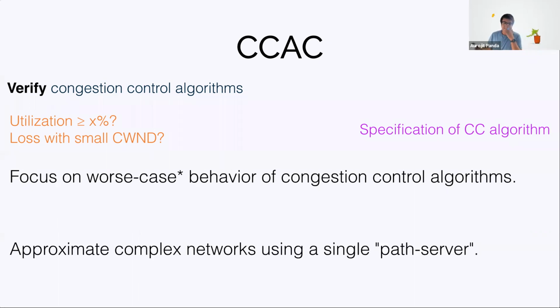The second thing they do is, rather than considering a very complex network with many different paths, they find a way to approximate any complex path using a single path server. All paths that they consider are no more than 2 hops long. So this is an interesting way to address this problem.